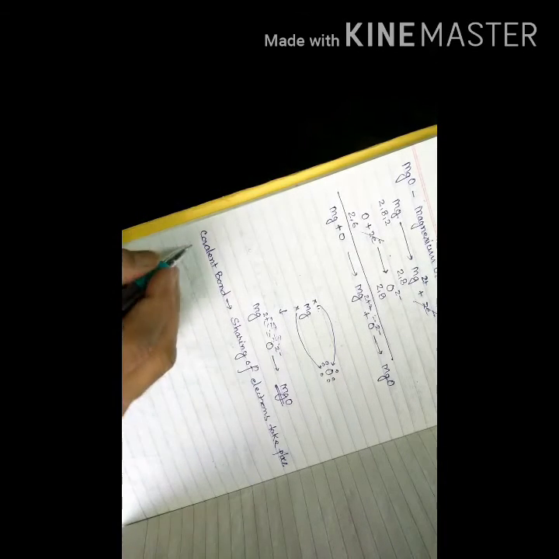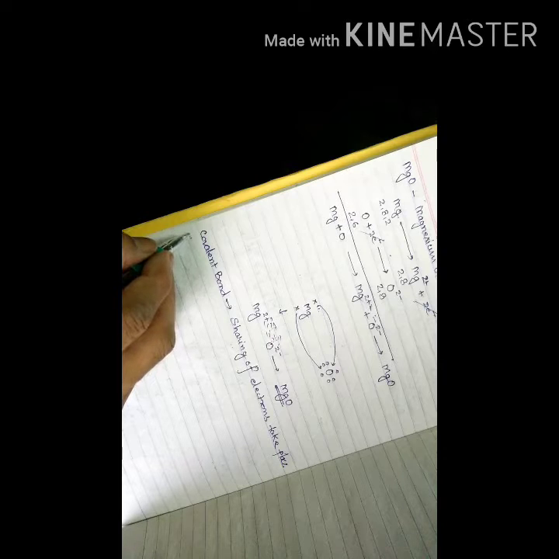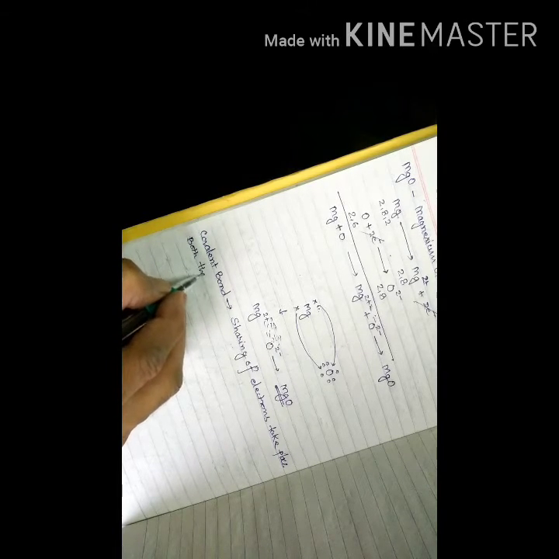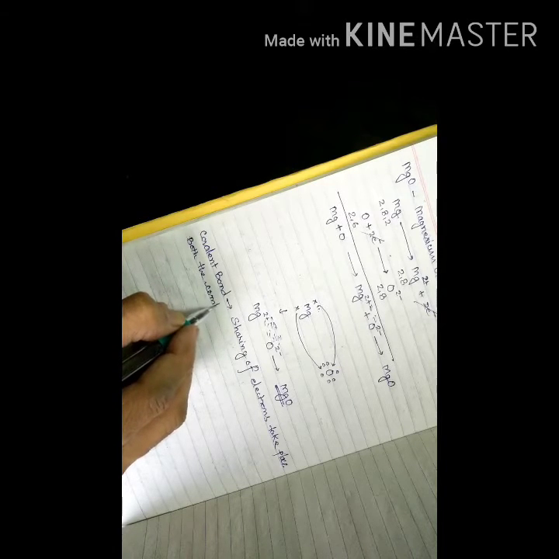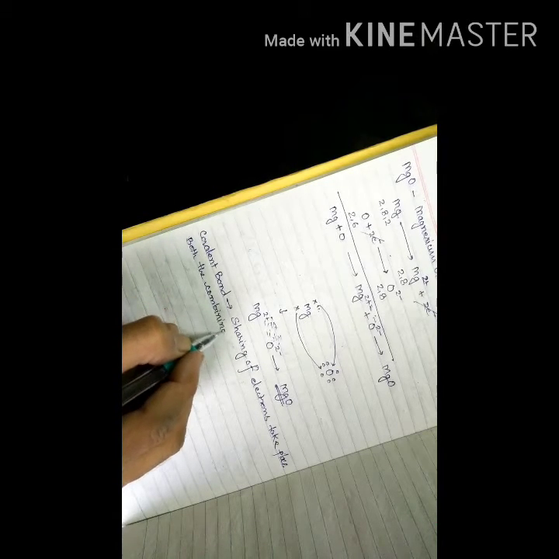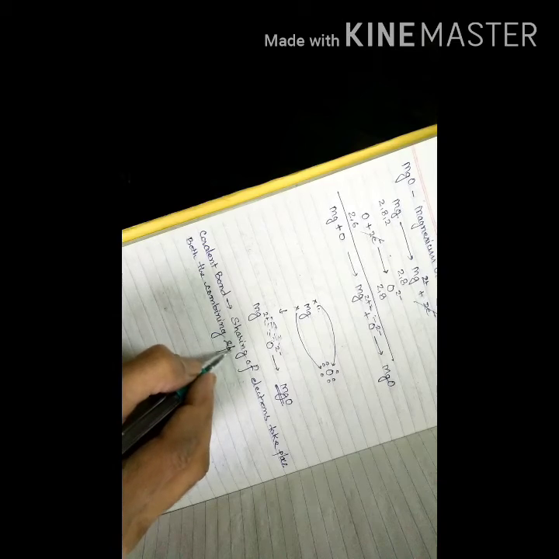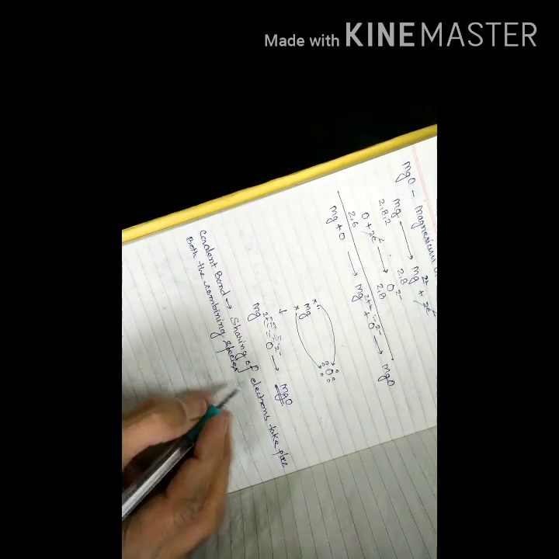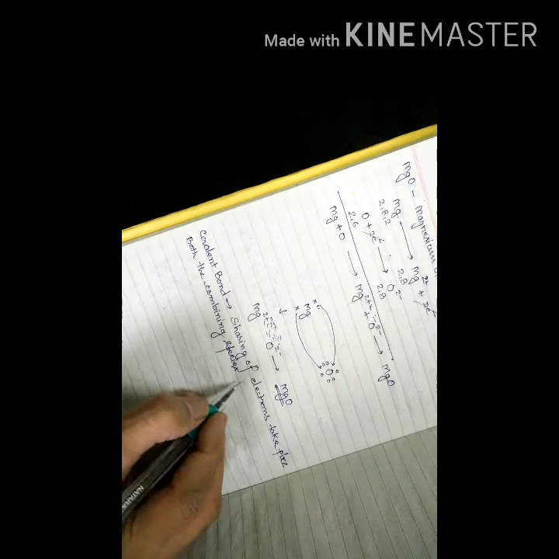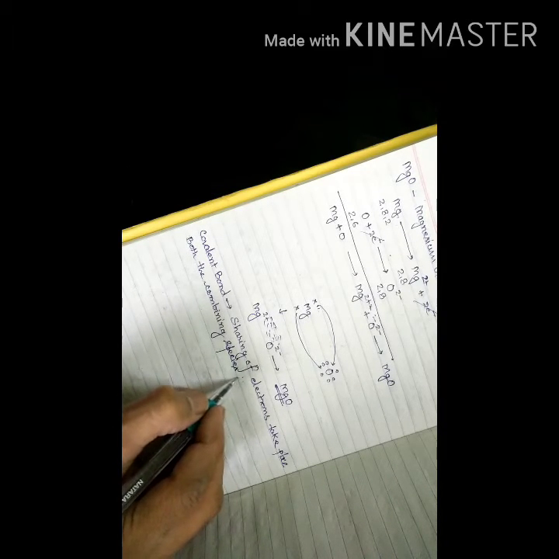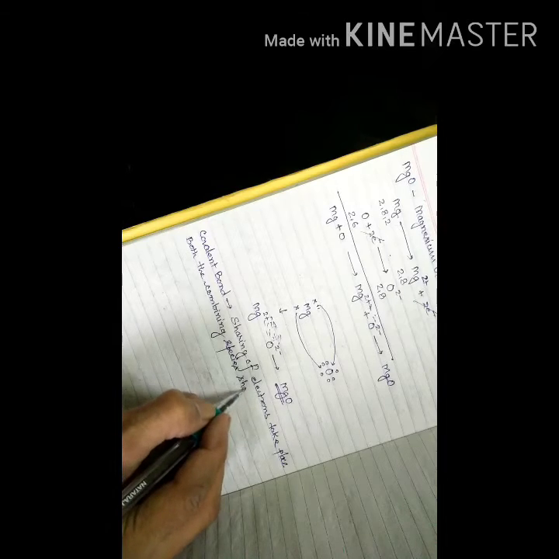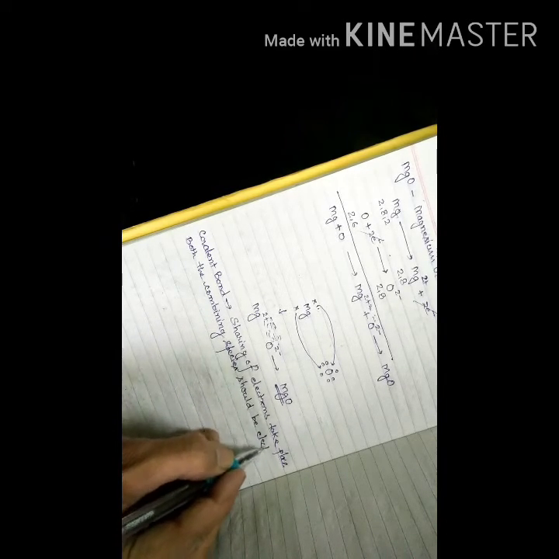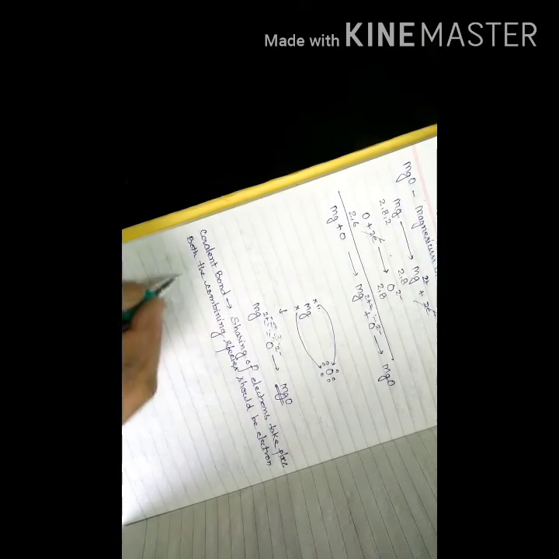Remember, both the combining species, whether they are homoatomic or heteroatomic, should be electron deficient.